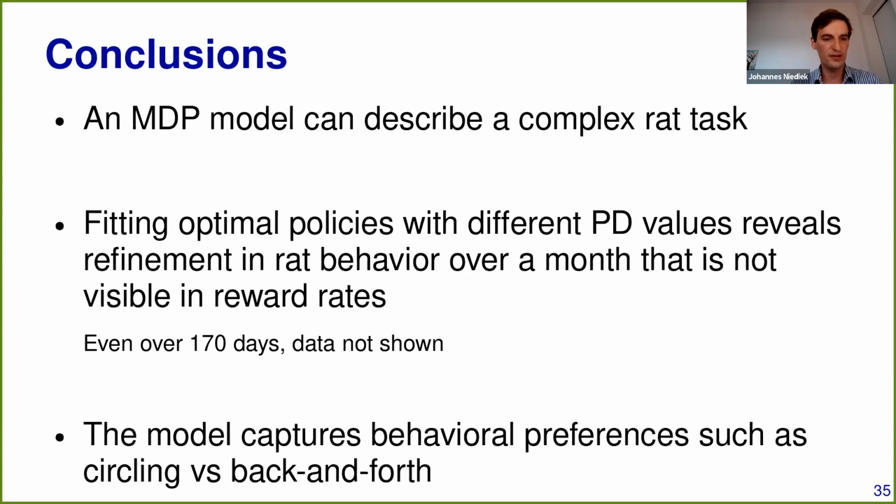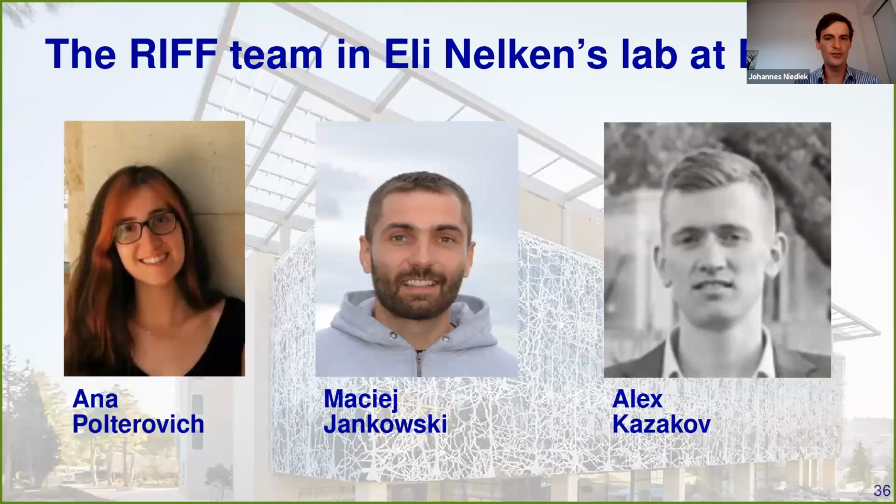And this was not visible in reward rates alone. And actually, we see this refinement over 170 days or more, I just didn't include the plots. And we also see that our model is capable of tracking behavioral preferences, such as circling or back and forth policies. And all this is teamwork.